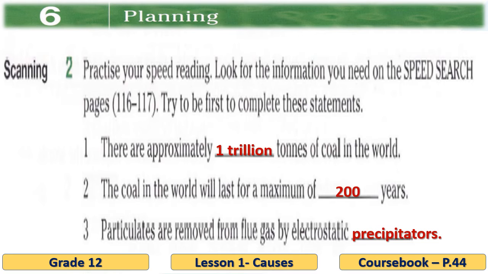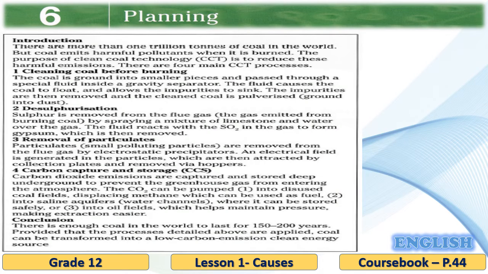Excellent, my students. Now, in the passage, you will find the information here. This is the first one, and this is the second one, and here is the third and last one.